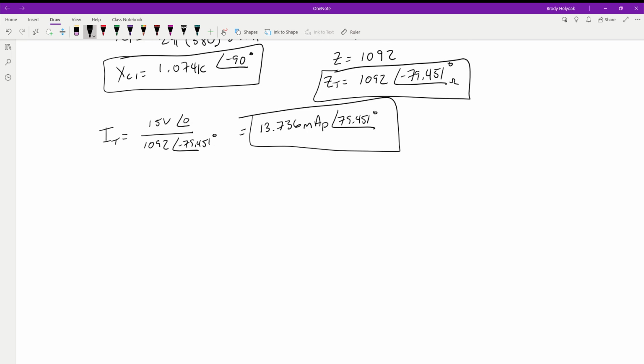Now that we have our current, we can solve for the voltages. So the voltage across capacitor 1 is equal to 13.736 milliamps at an angle of 79.451 degrees.